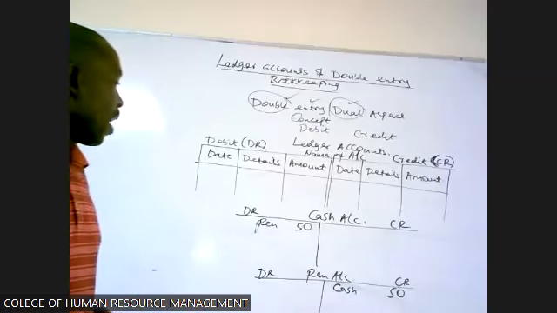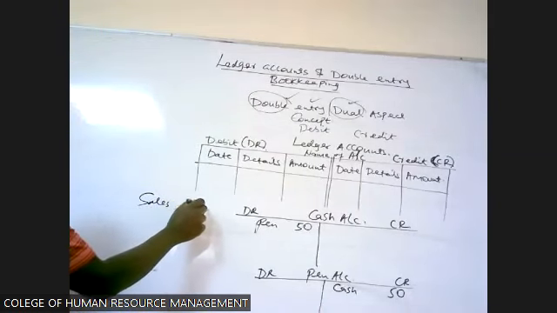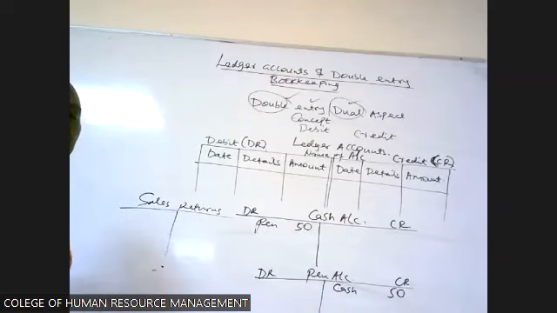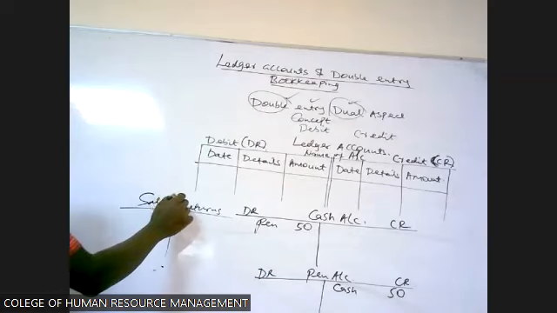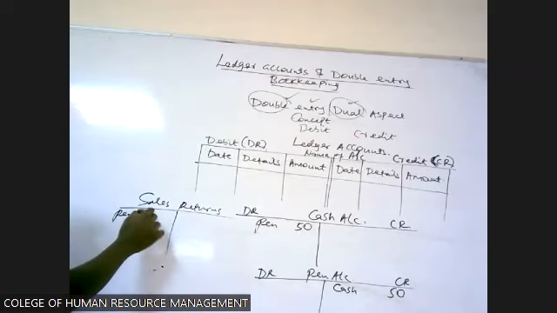Yes. If you return it now, I'm going to come here and open an account called sales returns, and that is where I'm going to record it. Sales returns, that is where I'm going to come here and debit. I say that I've received a pen from Virginia for 50. And what will that mean?